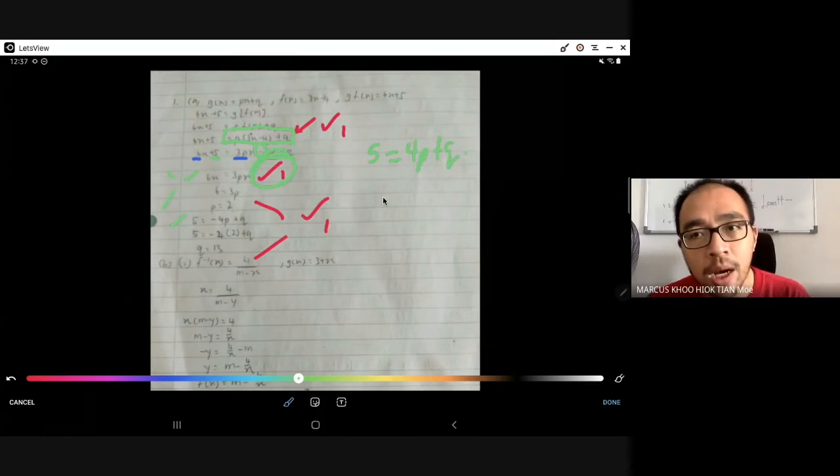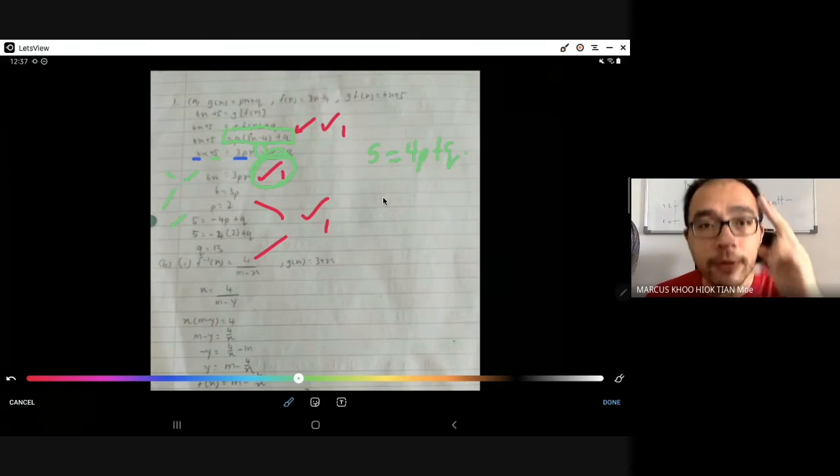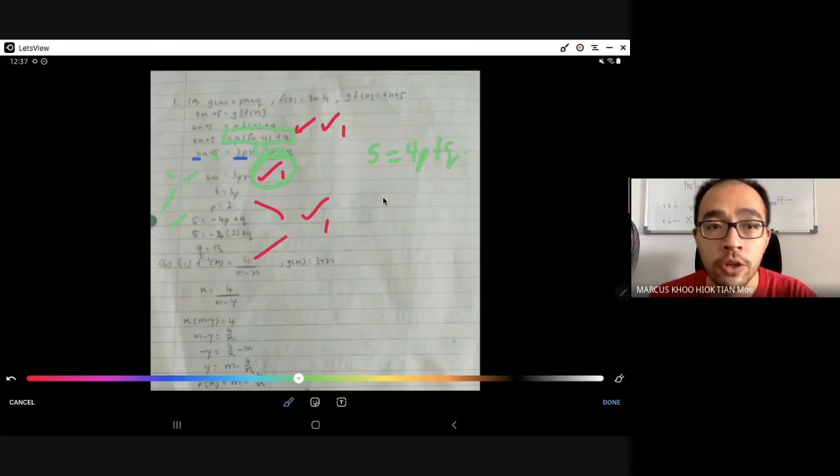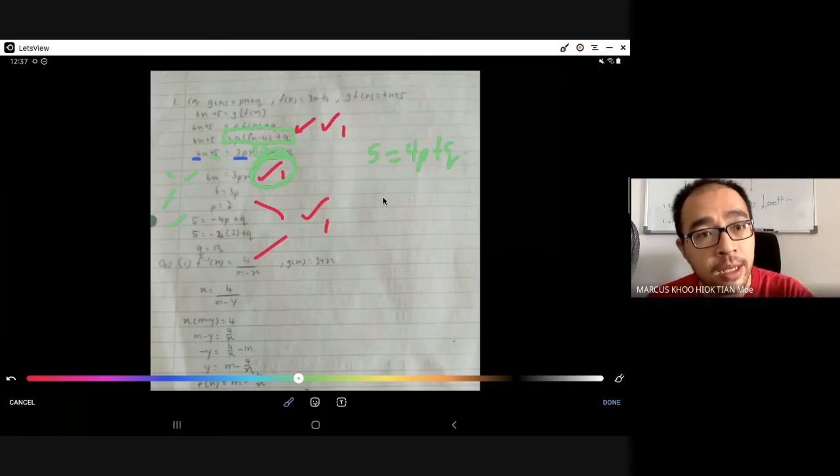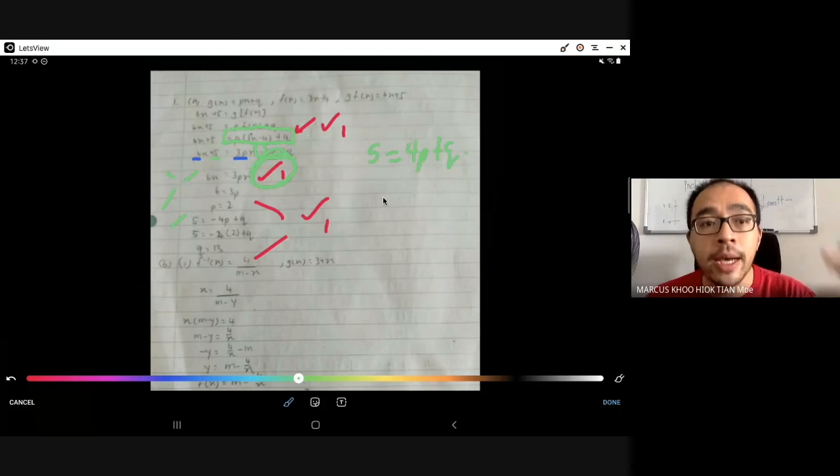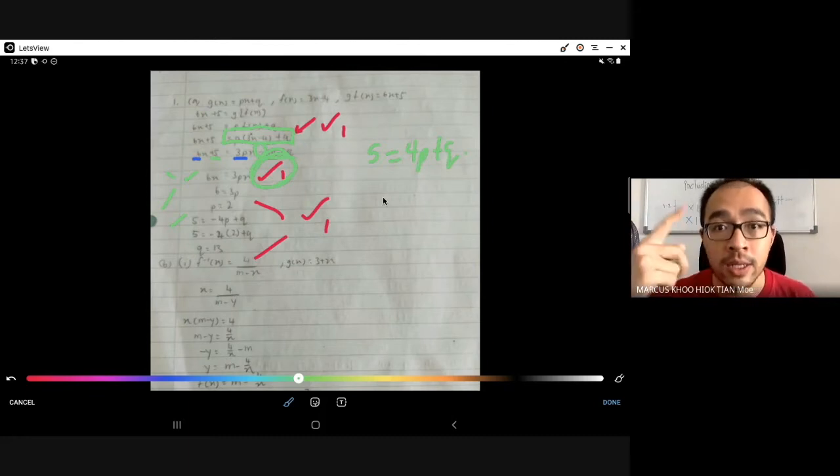The third mark, however, requires both answers to be correct. So this is how they will distribute this one. The first mark is for skill, the second mark is also for skill, comparing, and the third mark is for both answers correct.